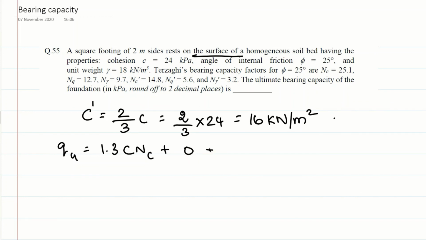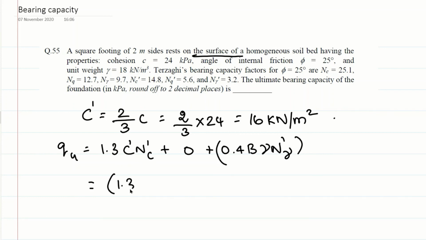Then, here it is a square footing, so you are not supposed to use 0.5. 0.5 is for strip footing. So 0.4 B gamma N gamma dash you are supposed to use. Here also Nc dash you need to use. So everything corresponds to local shear failure criteria.